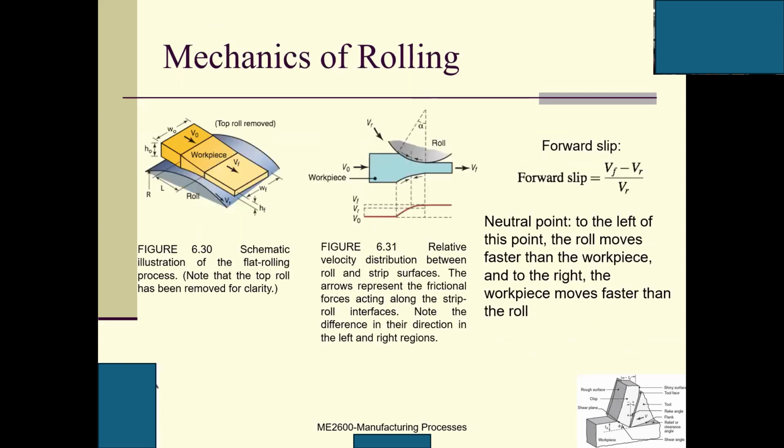Neutral point here is that to the left of the point, the roller moves faster than the workpiece. To the right of the point, the workpiece moves faster than the roll. At that point, these two move at the same speed.